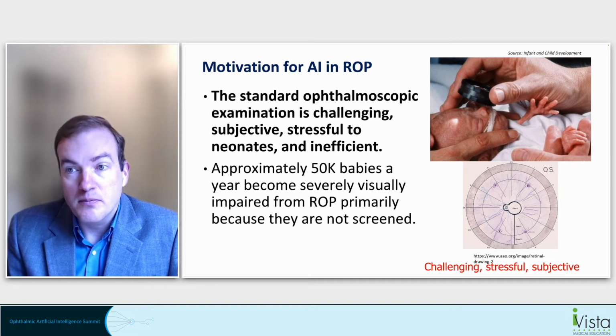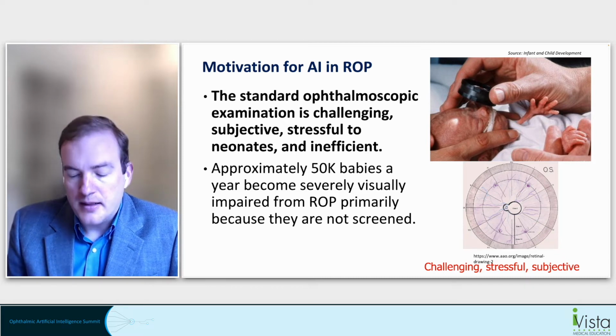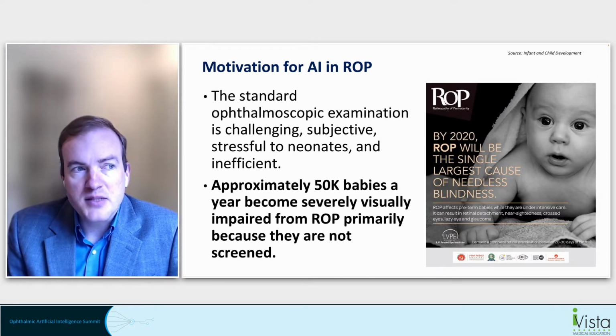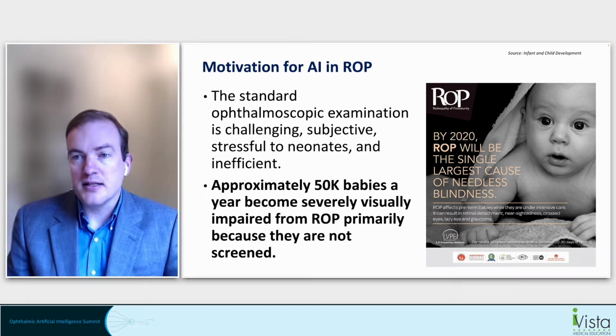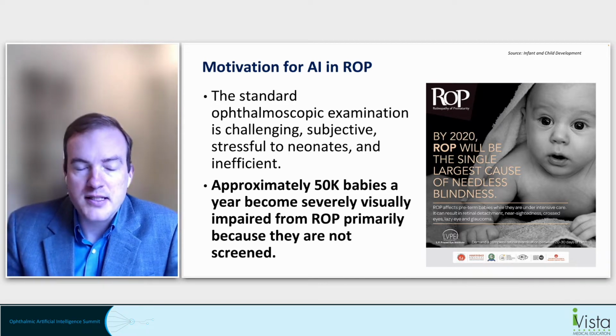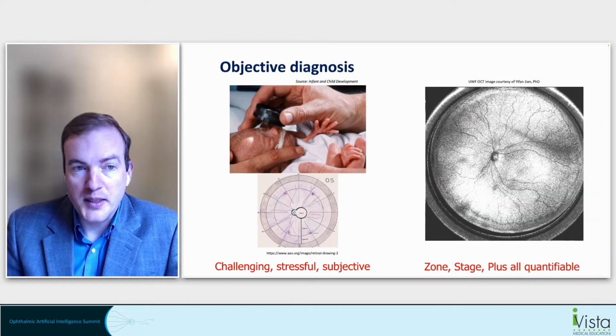Inefficient because most of the time babies don't actually have disease when you're screening them. And the second is that approximately 50,000 babies a year become blind or severely visually impaired, primarily because they're not screened. So broadly, both as an assistive diagnostic tool to improve clinical diagnosis and potentially as an autonomous tool to screen for clinically significant ROP, AI may play a role in improving care for ROP.